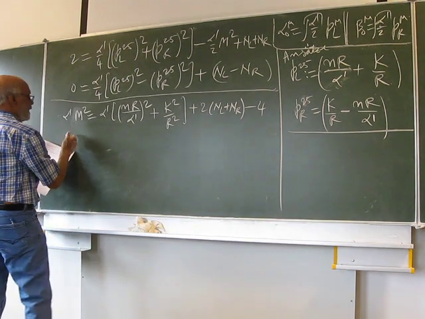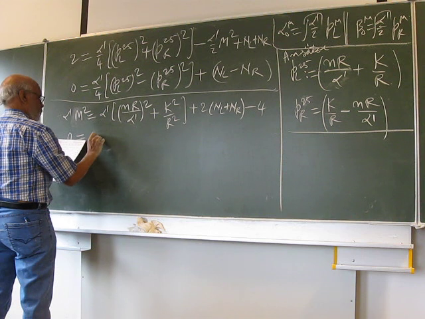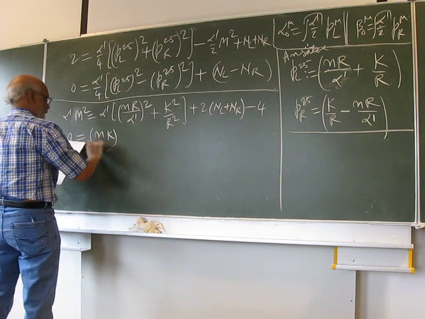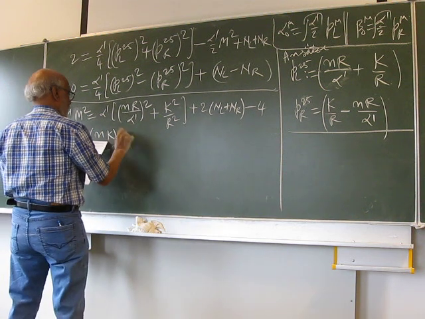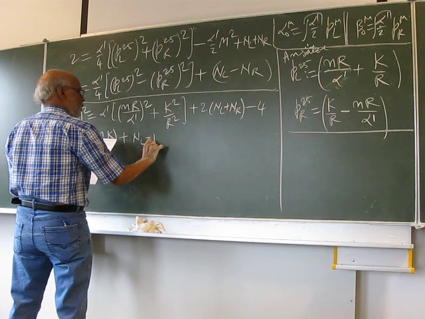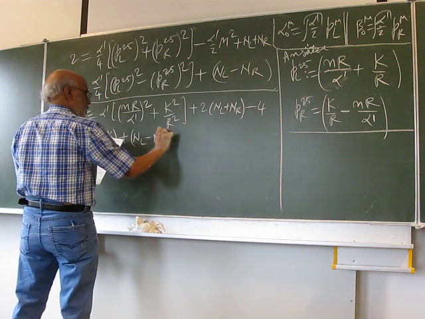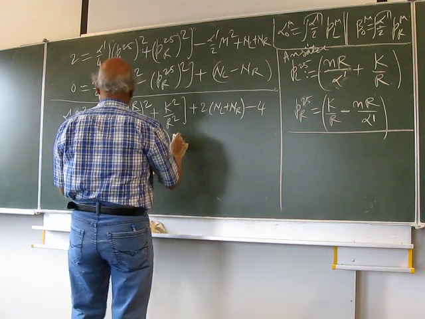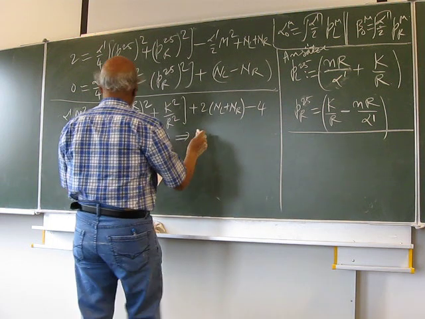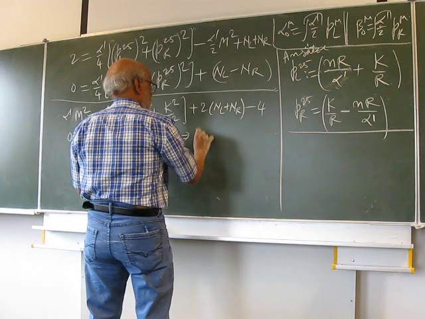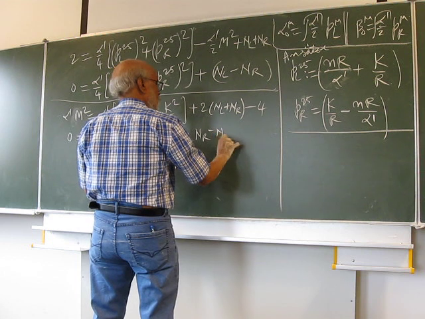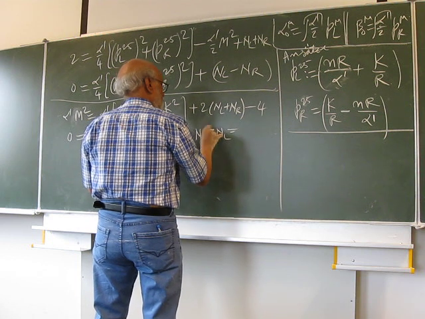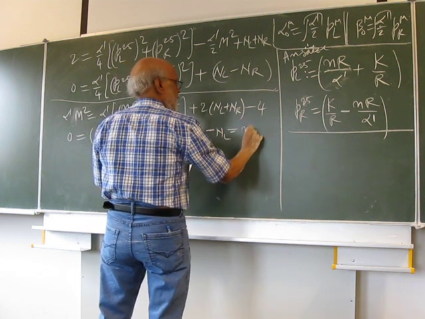And the other thing I get is 0 equals to NK plus NL minus NR, okay, which then simplifies to NR minus NL.